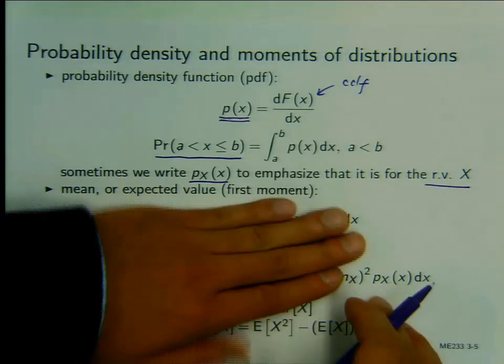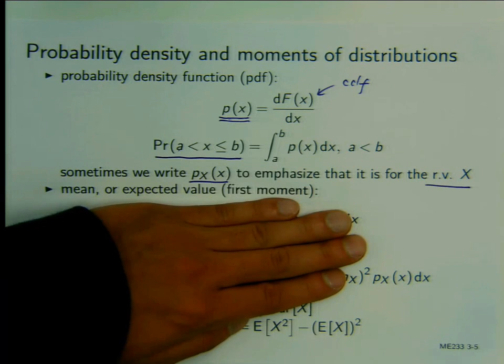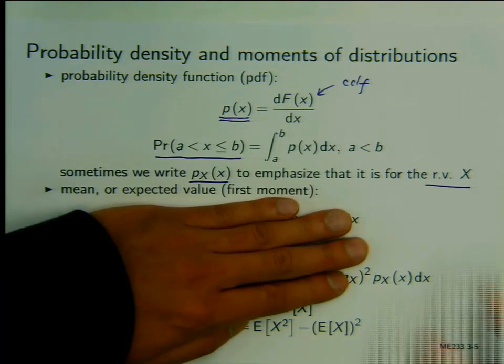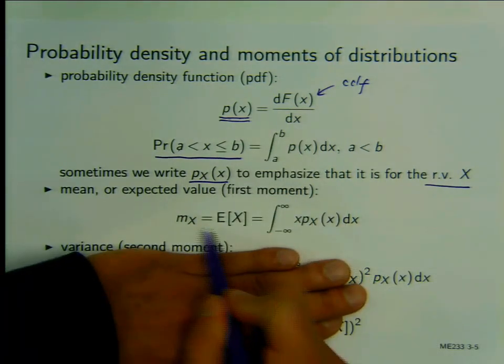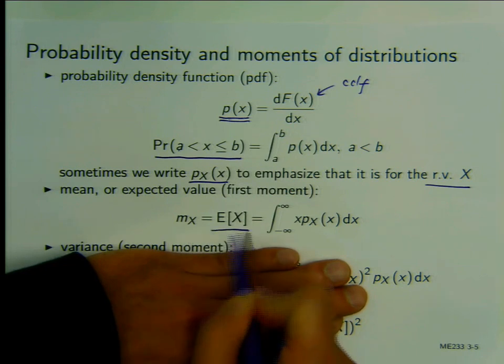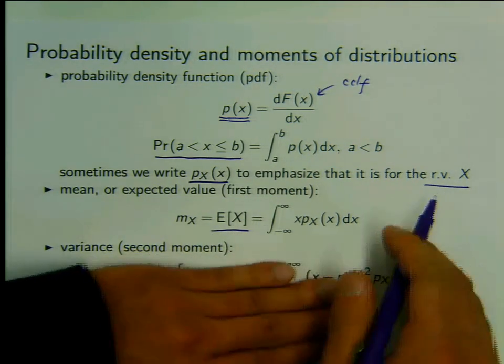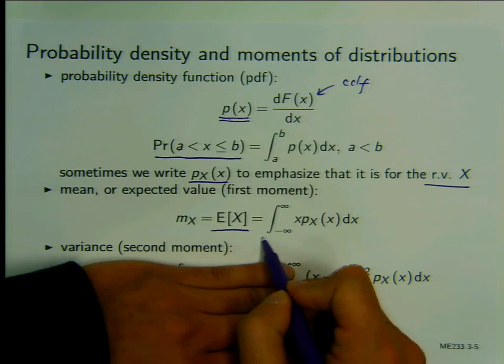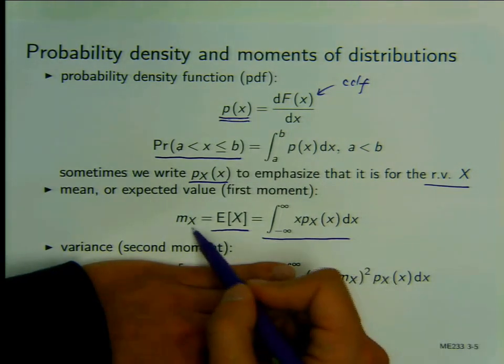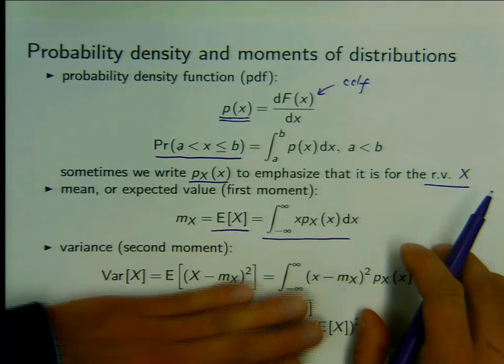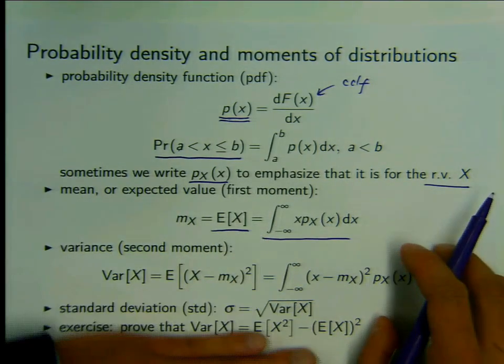Okay? Usually, for a random variable, we most commonly evaluate two things. First of all, the mean, how it behaves on average. This is the definition: the expected value E[X] is defined by this integral, how the random variable X behaves overall, the average behavior.